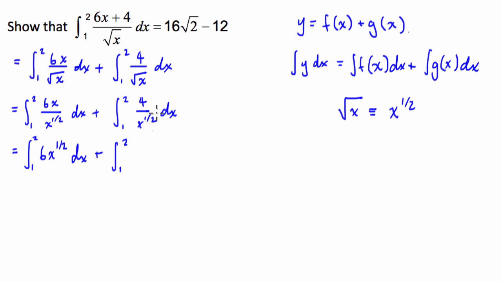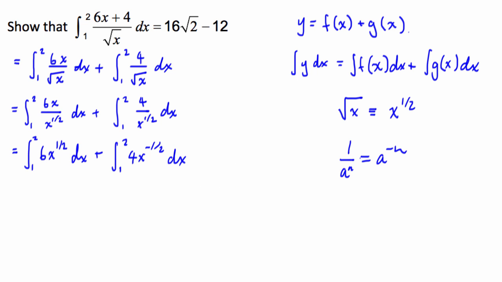We're going to take the x up to the top, using another index law, which says 1 over a to the n is equal to a to the negative n. So using that law, this is equal to 4x to the negative 1/2 dx. Cool.